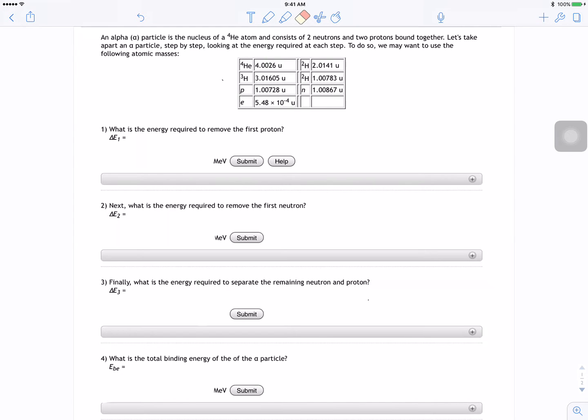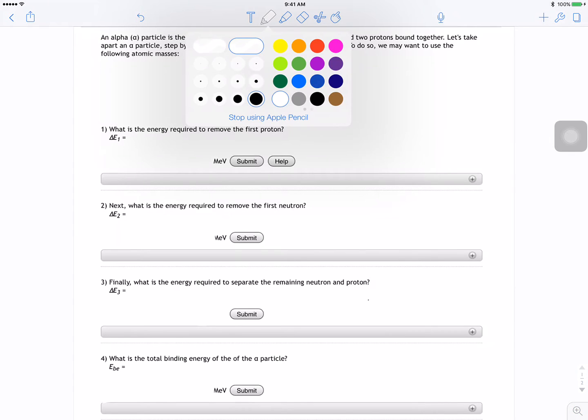Before we start, they gave us the atomic masses.